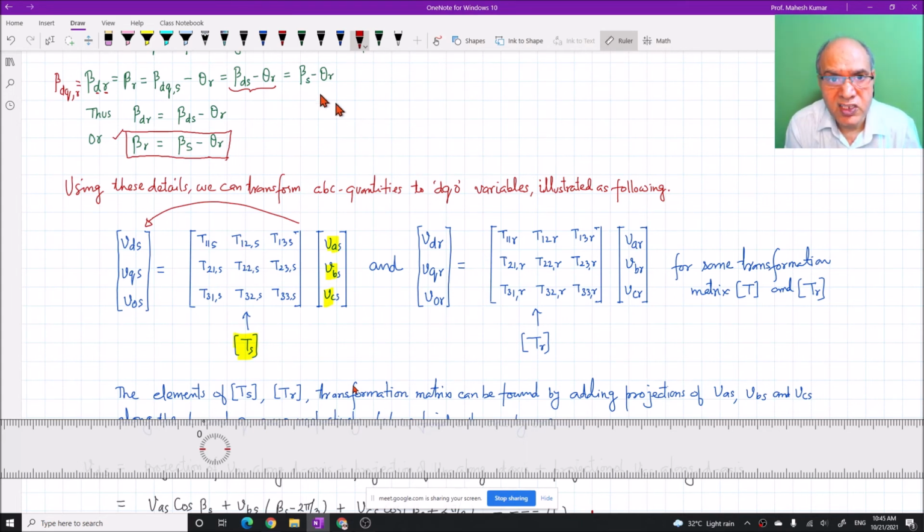Similarly, we can transform the rotor side quantities to rotor side DQ0 axis quantities through another transformation matrix, and this matrix is called TR. TS and TR are different and they are related through beta R and beta S actually.